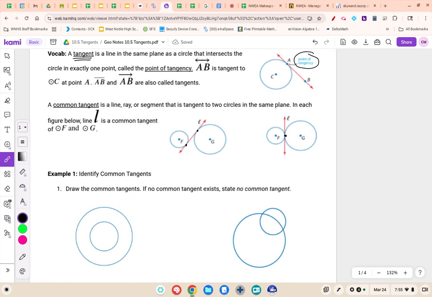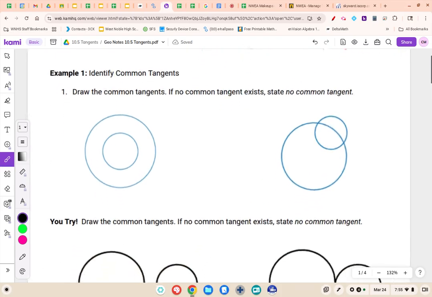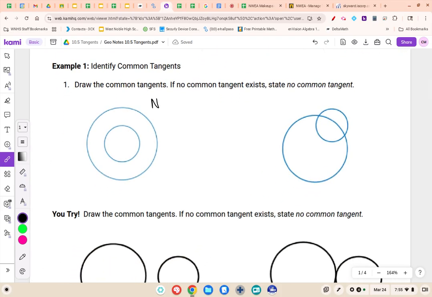So we have some examples here. It wants us to draw common tangents. If no common tangent exists, state no common tangent. So for this first one, there actually is no common tangent. If you only touched this circle at one spot, well, you couldn't cross into the circle.